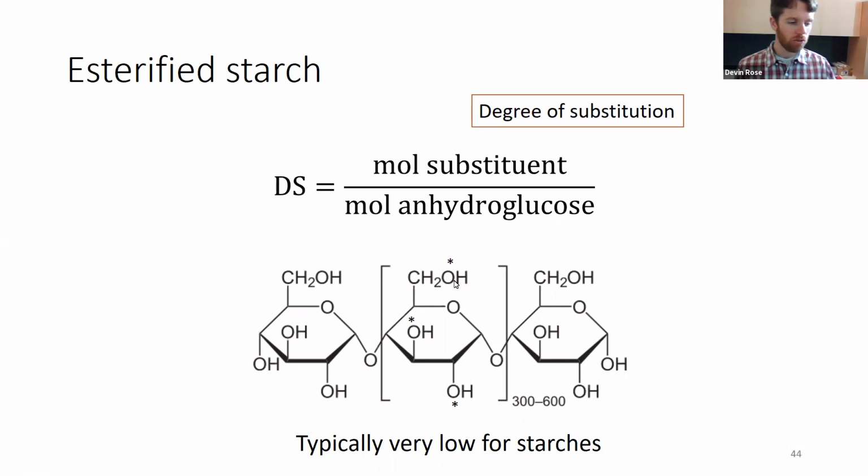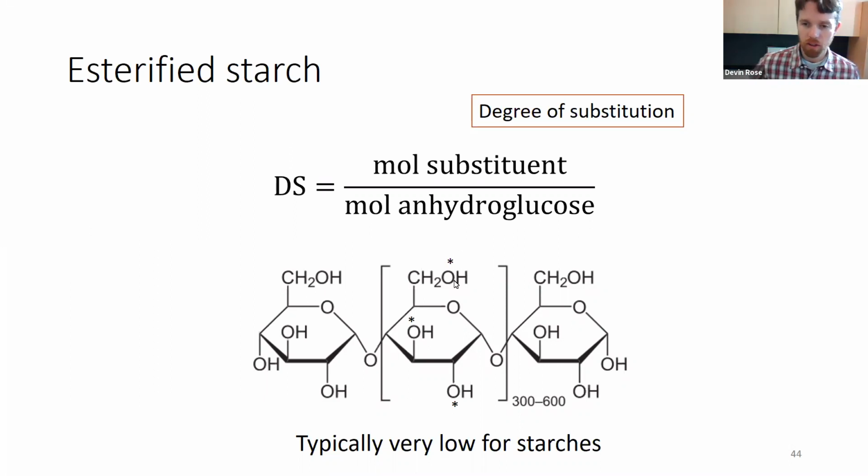So I mentioned that you can do the reaction for as long as it takes to get the number of acetate groups that you want on the starch. So a question could be, how many acetate groups do we put onto the starch?